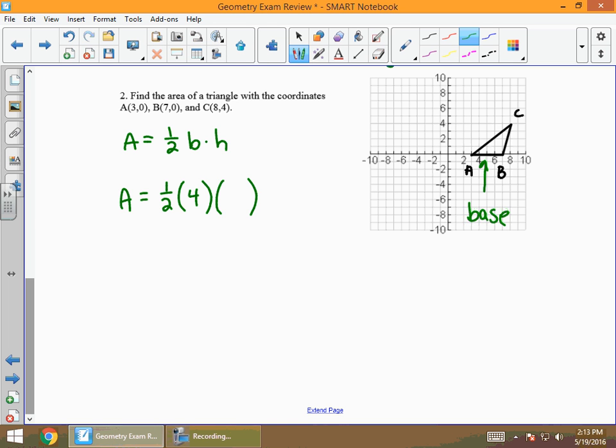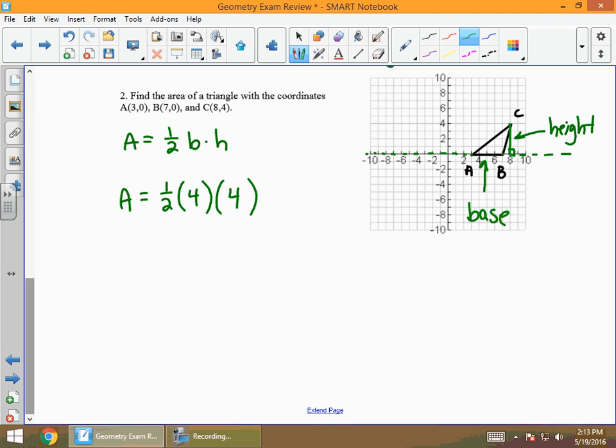And now the height is the distance from the base. If I could extend the base to infinity in both directions, it is the distance from that line to the other point at 90 degrees. So if I were to drop straight down from C, 90 degrees, this is the height right here. So I can just count from C. That is 1, 2, 3, that is 4 units high.